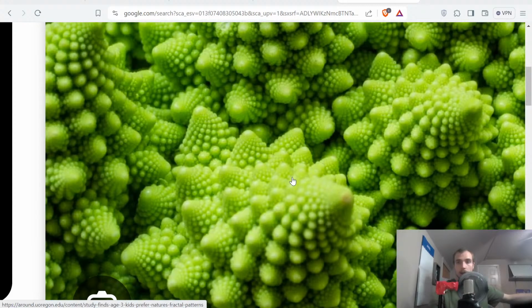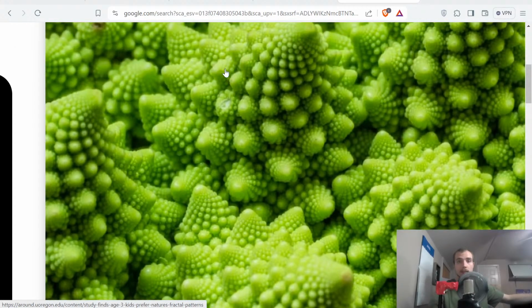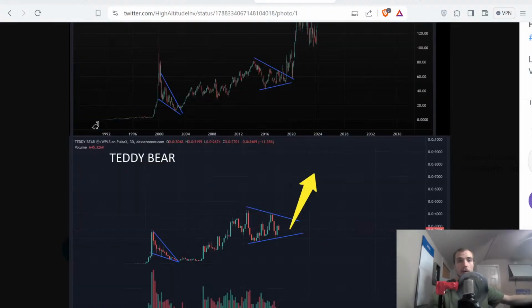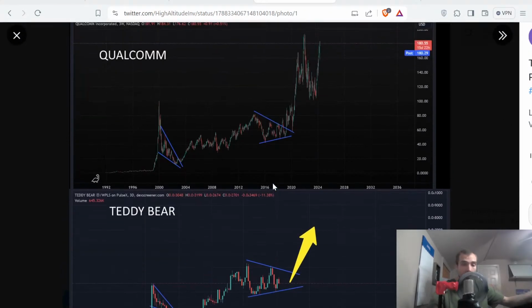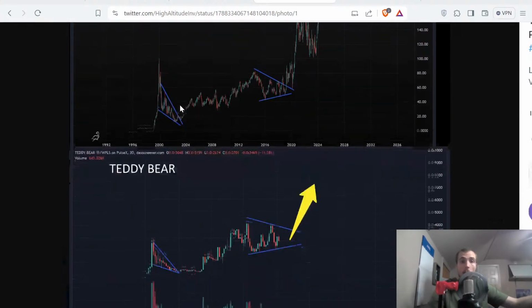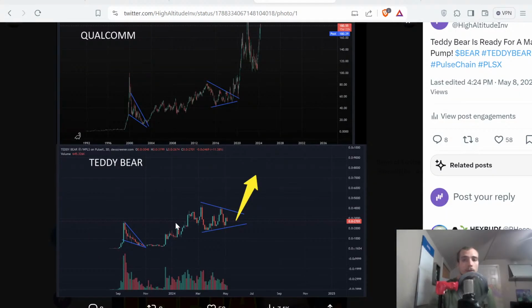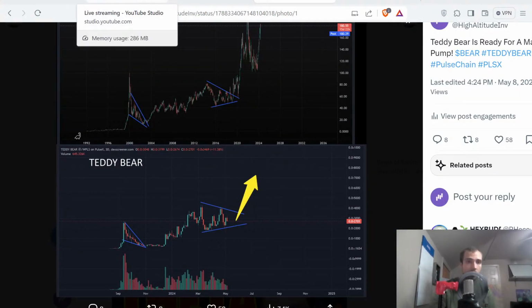It's a fractal. Well, the same is true for crypto. The fractal of Qualcomm is a fractal of Teddy Bear. It's the microcosm and the macrocosm. So this is super, super powerful information.